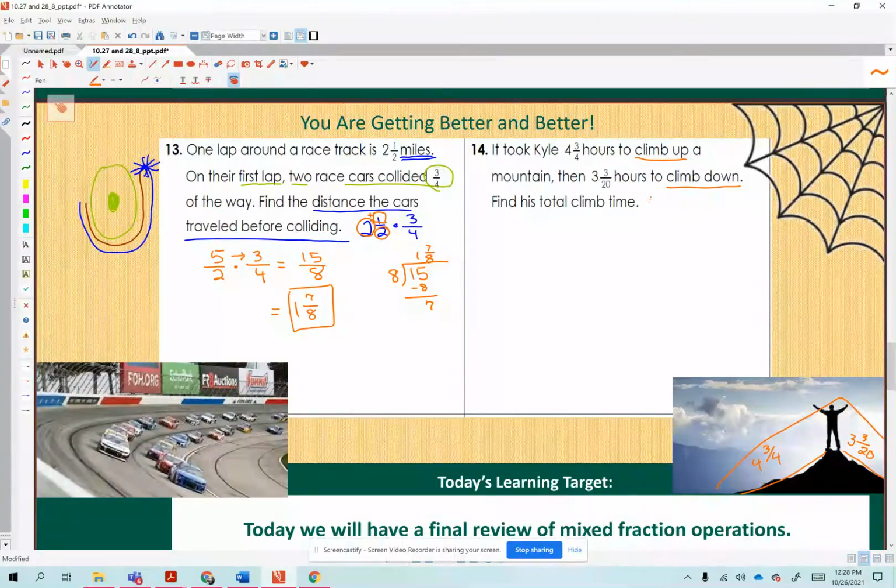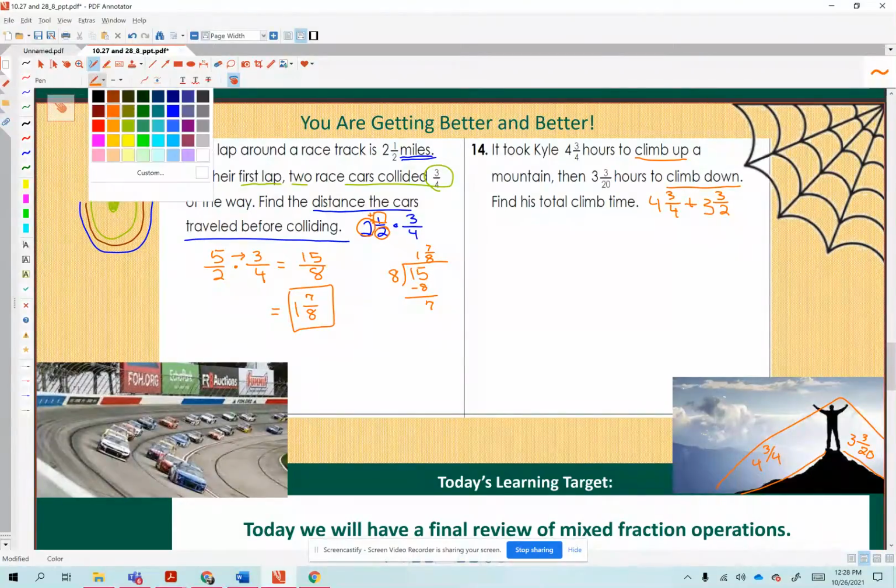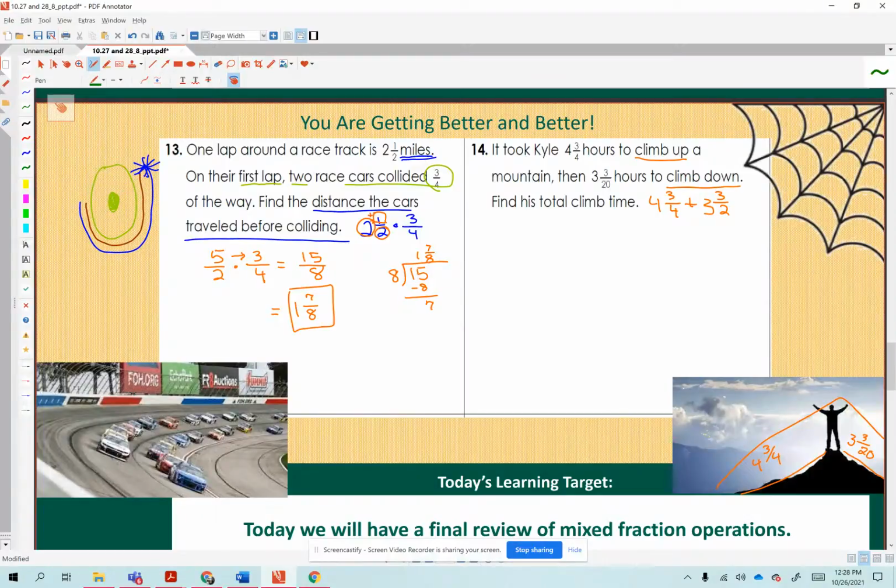So we have 4 3/4 plus 3 3/20. The first thing we want to do is convert these to improper fractions. 4 times 4 is 16, plus 3 is 19, so that's 19/4 plus, that should be a 20 right there, 3/20.